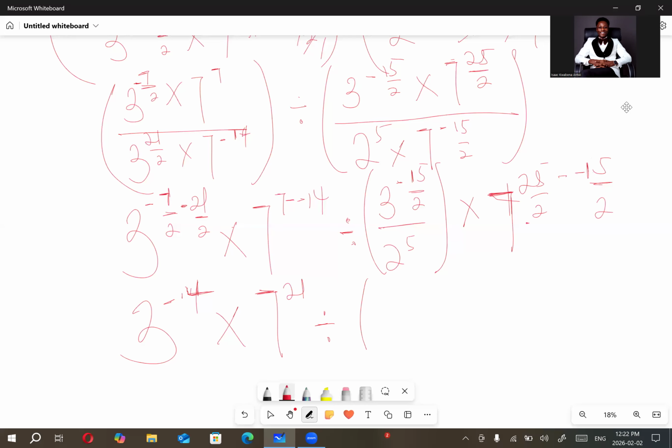let's maintain this. So for the negative 15 on 2, all over 2 exponent 5, times, how about this, 25 over 2 plus 15 over 2.